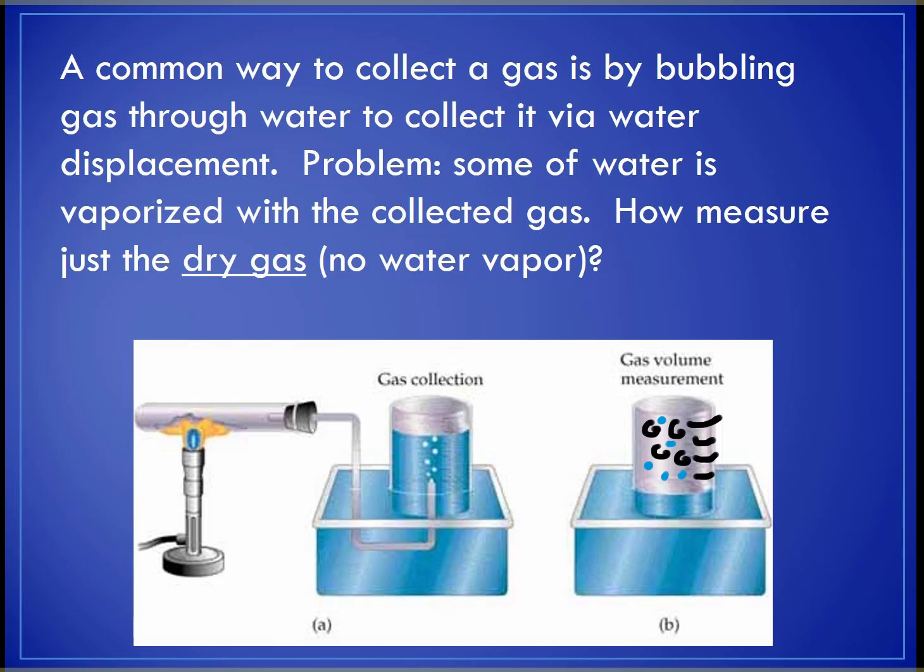When it's mixed with the water, it is known as a wet gas. Well, we can take the water out of the gas through a physical means by passing the gas over a chemical that absorbs water vapor, or we can mathematically get rid of the water vapor. And that's how it's easiest to calculate the pressure of that dry gas.